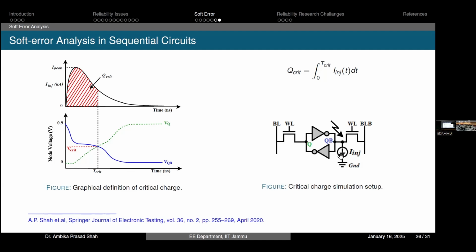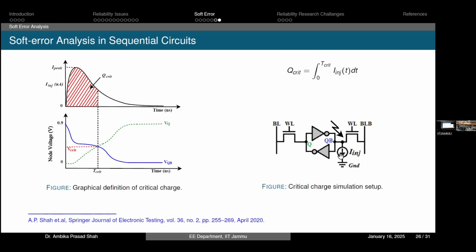This is the problem with the memory, so you have to come up with solutions to make your memory soft error resilient. There are many techniques, like DICE, and you can go through them, on how to improve the critical charge. So this is how we typically test soft errors in sequential circuits.